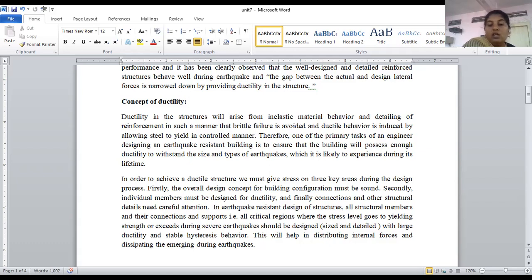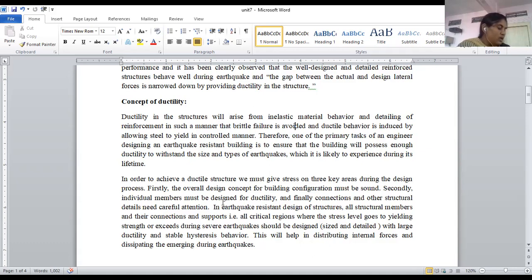Next, in earthquake resistant design of structures, all the structural members and their connections and the supports, that is all critical regions where the stress level goes to yielding strain or exceeds during severe earthquakes, should be designed of size and detail with large ductility and stable hysteresis behavior, and this will help in distributing the internal forces and dissipating the energy during the earthquake.